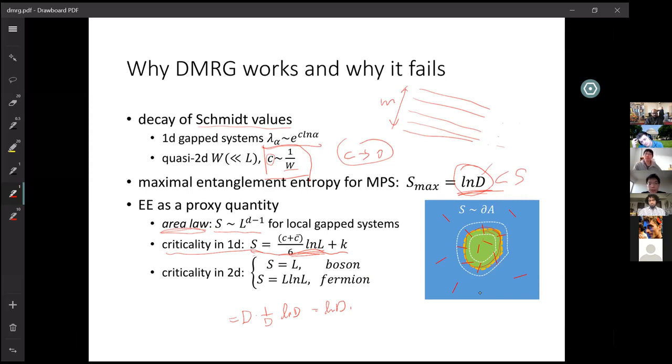But if you use infinite DMRG, you should be careful that the entanglement entropy is growing, because infinite DMRG has a very large system size, and even a slow growth can exceed this limit. But for 2D systems, even with a local gap Hamiltonian, you cannot use DMRG for that.